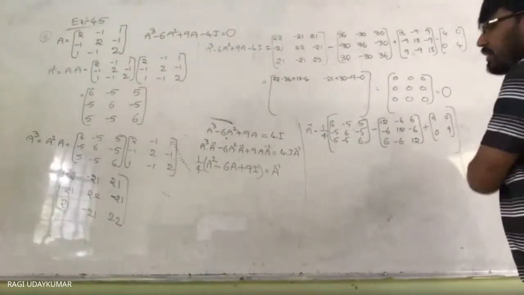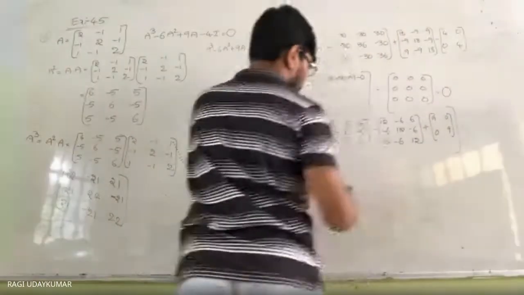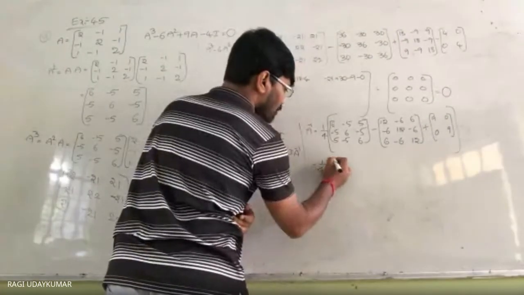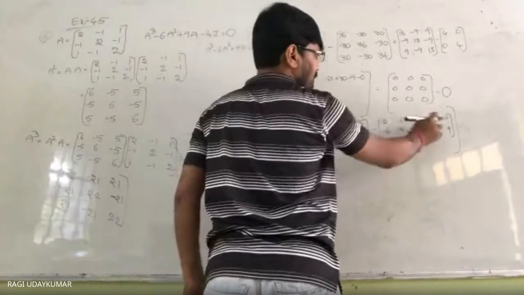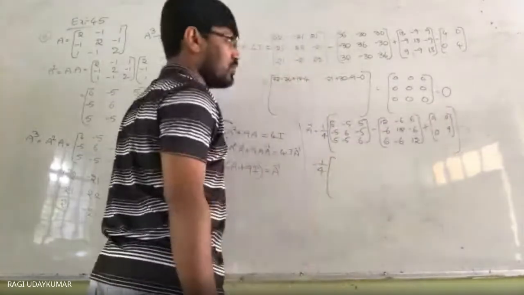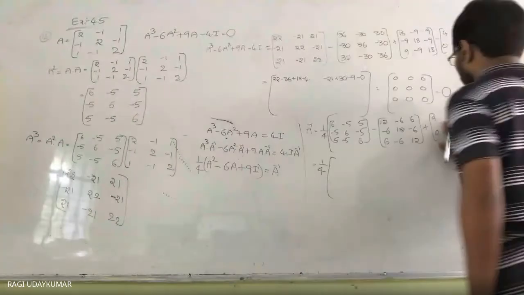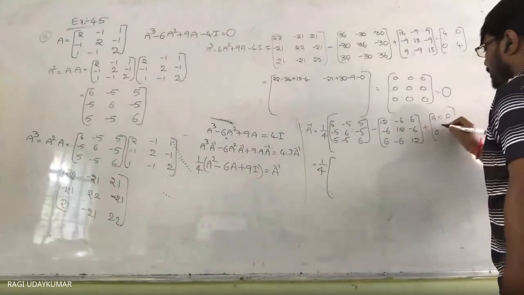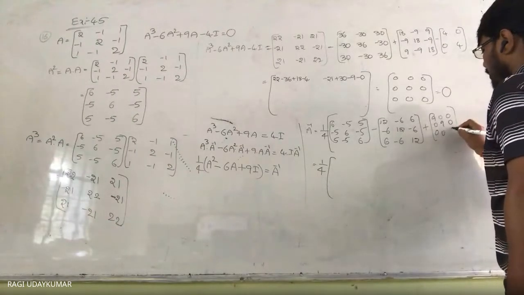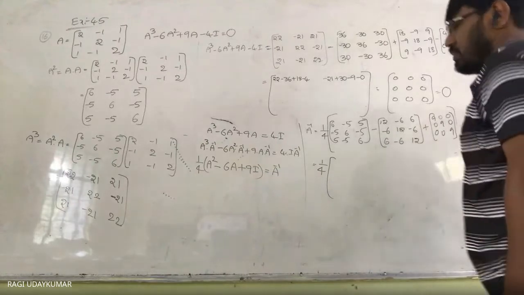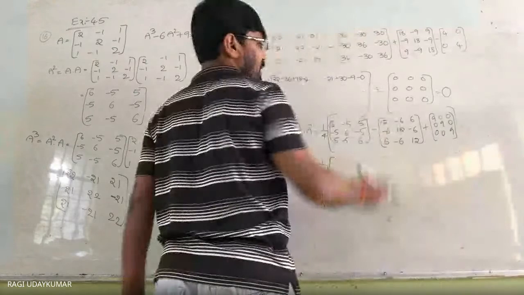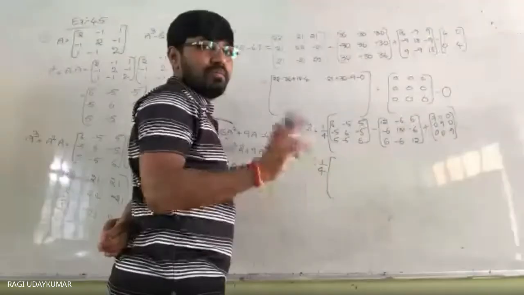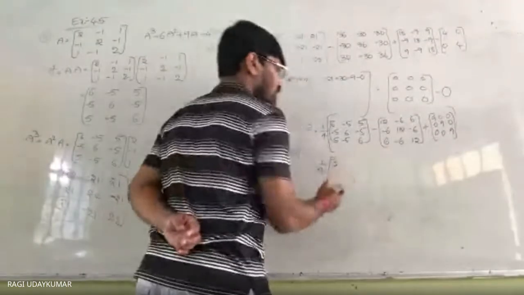This is A inverse. I am simplifying whatever numbers you will get: 1 by 4 into 6, minus 12, minus 6, minus 6, plus 9. Oh, sorry, here I have to write the 3 by 3 matrix now. So 6 minus 12 minus 6 minus 6 plus 9 gives plus 3 we are going to get.